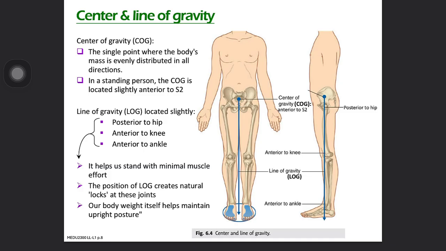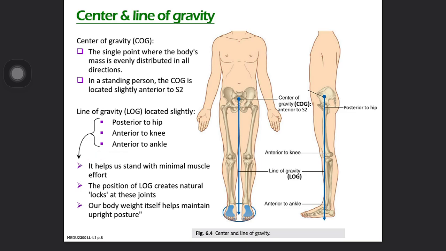So in standing, it is slightly in front of the S2. So what is the line of gravity here, the LOG? If we find the COG, then you draw a vertical line, and it passes slightly behind the hip, anterior to the knee, and also anterior to the ankle.